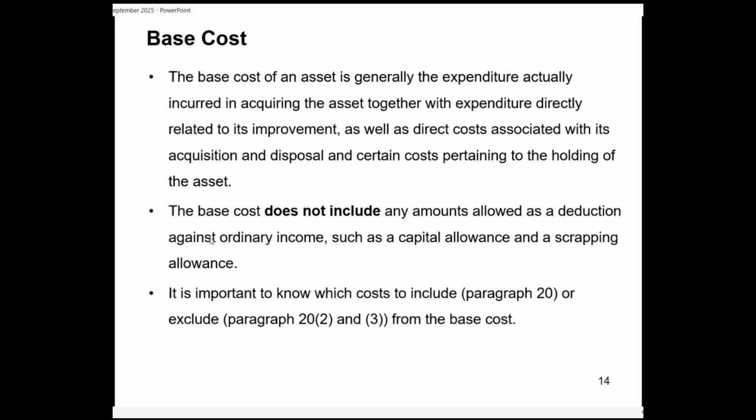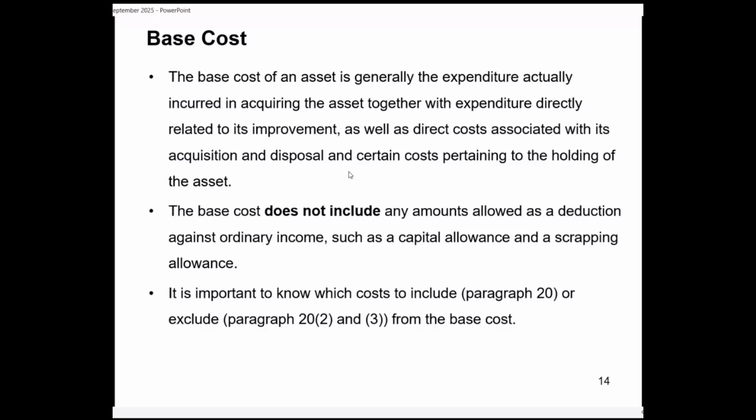The base cost of an asset is generally the expenditure actually incurred in acquiring the asset together with expenditure directly related to its improvement, as well as direct costs associated with its acquisition and disposal of a certain asset pertaining to the holding of the asset.